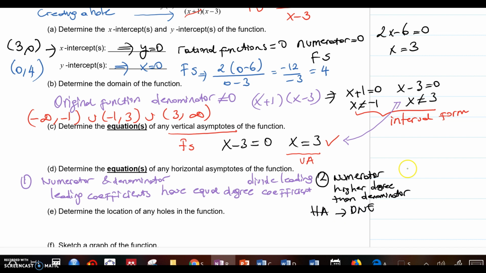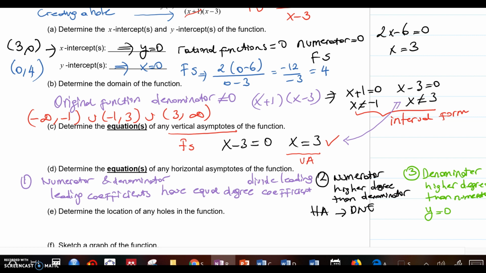Okay, the third case, denominator higher degree than numerator, then horizontal asymptote will be y equals 0.